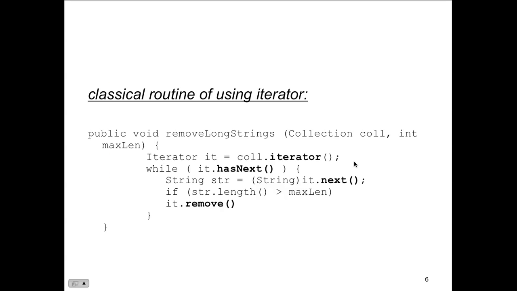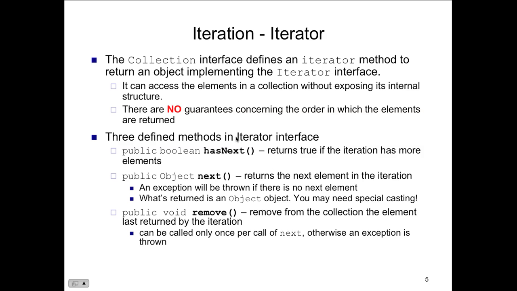So here's a classical routine of using an iterator. The method that we're going to do is remove the long strings, with a collection col and an integer maximum length. So we send a collection, we use it in here, it's going to be called col, and col.iterator says run a method iterator, create an iterator it on the collection, and then while it hasNext, which is, while it has another item in the list, go through and it.remove, which is essentially running a remove method using a hasNext.